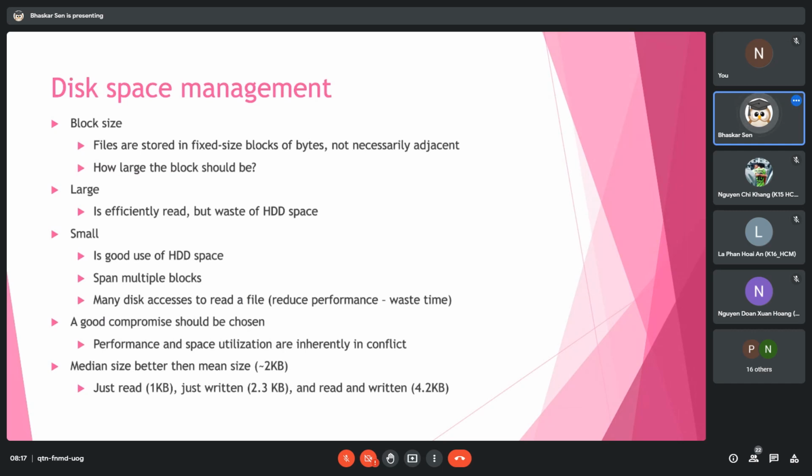A good compromise is needed, since performance and space utilization are inherently in conflict. That is a problem almost everywhere. They're always in conflict. So the approximate size is good to remember: 1 KB, 2.3 KB, 4.2 KB. These are something that you will have to remember.